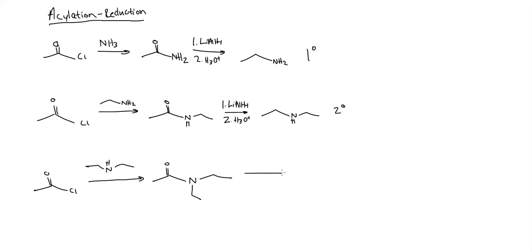And just like in the last two, I can reduce this with lithium aluminum hydride, followed by acid. And I just get rid of that carbonyl group. And now I've made a 3-degree amine. So in this case, I've made triethylamine, a very common base that we use.